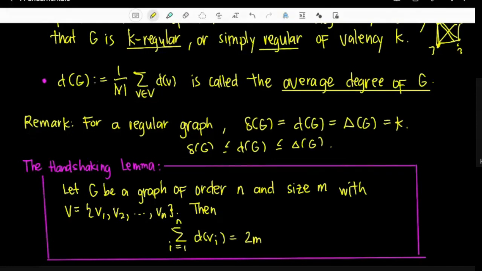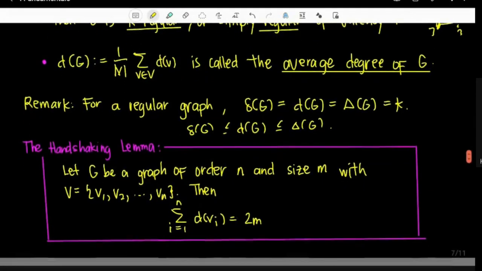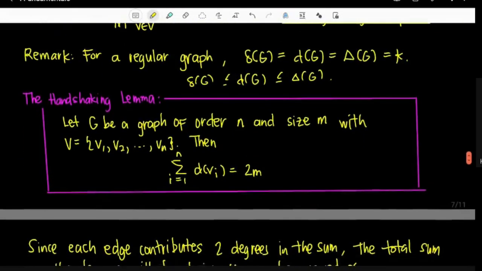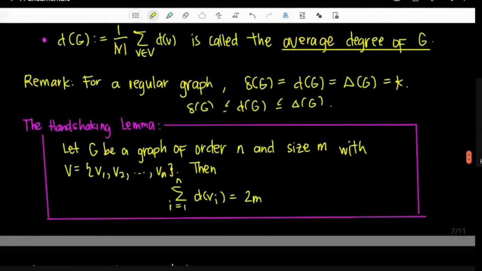And if there are m number of shakes that happened, then twice that will be the number of hands that shook, which is really the sum of the individual degrees for each vertex. So that's why it's called the handshaking lemma, because that's the total number of hands that shook.